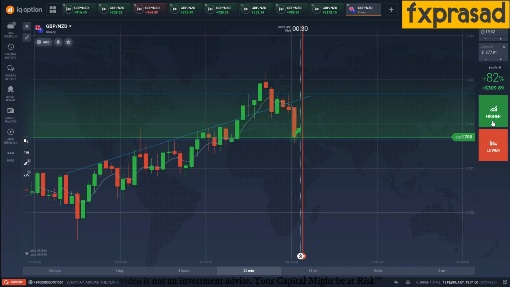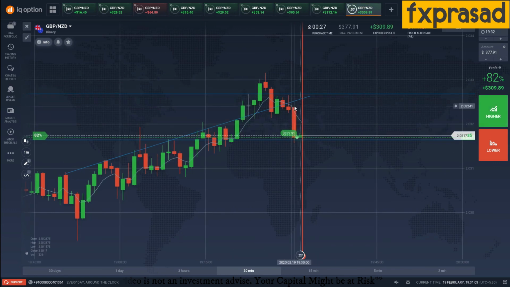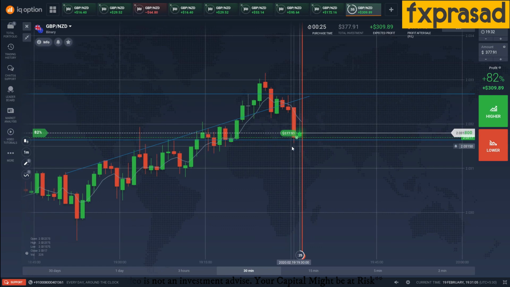I place call here from this level. This is a very strong bearish candle.